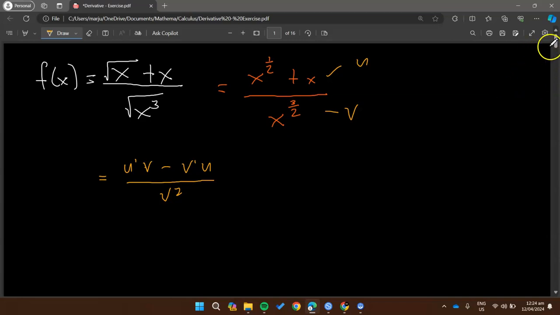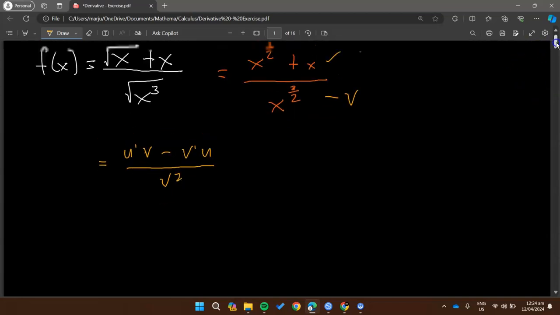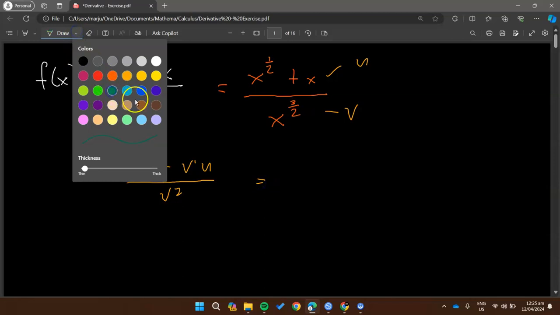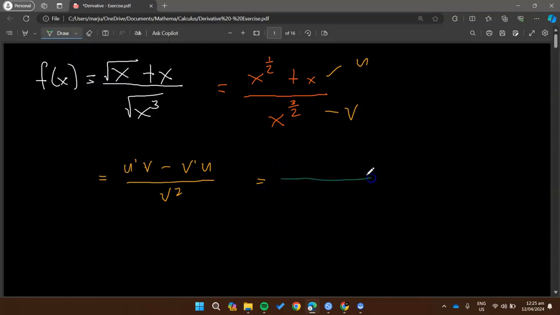What is the derivative of our u, or our first function? What is the derivative of this one? That is just 1/2 x raised to 1/2 minus 1, that's negative 1/2.